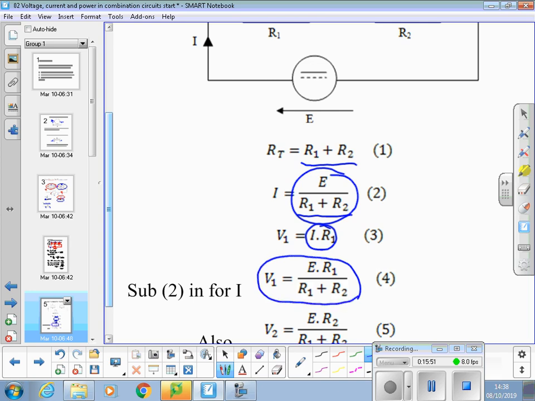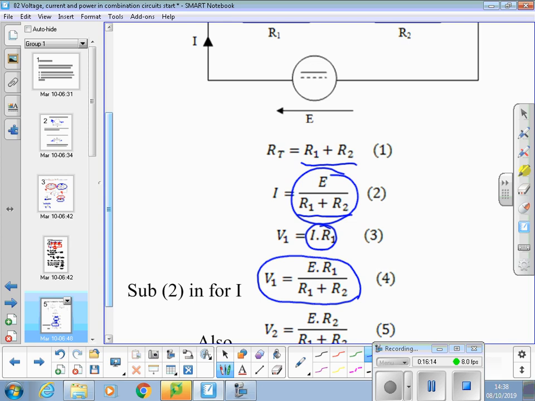We've got an expression now for the volt drop across one of the resistors without involving the current. So if we know the two resistor values and the supply voltage, we can find V1 without finding the current first.